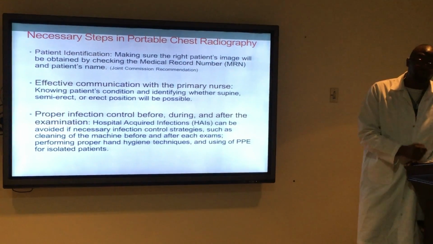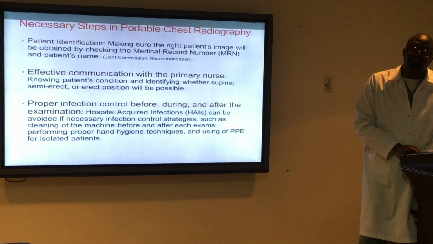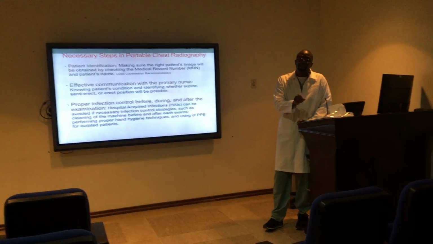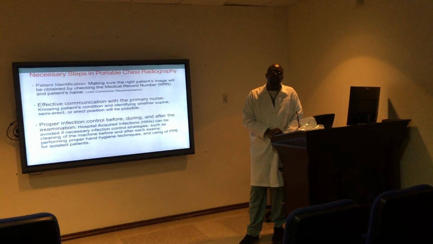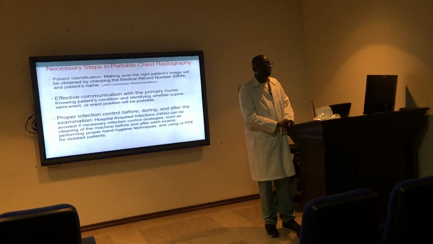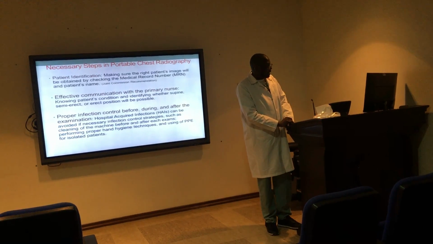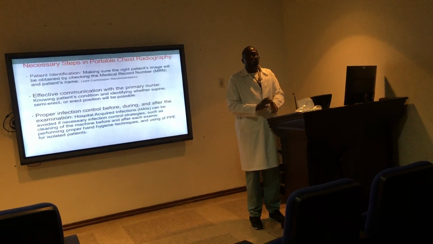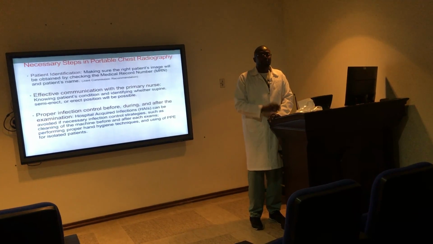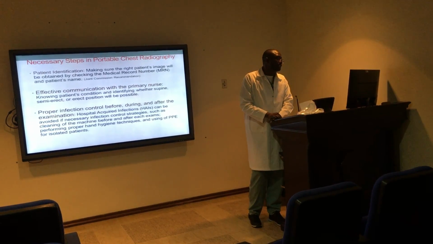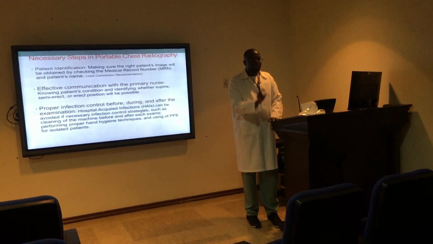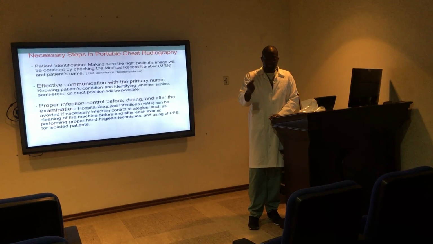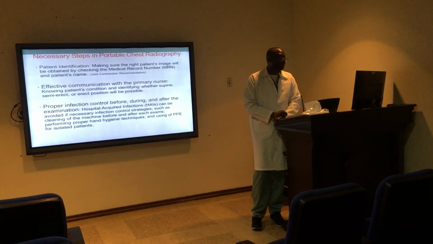We have to make sure we are doing the right patient by matching the patient MRN with the one we have in our request, so that we are doing the right patient and right exam. This is part of the Joint Commission recommendation. Two things you have to check: patient MRN, medical record number, and the patient's name.